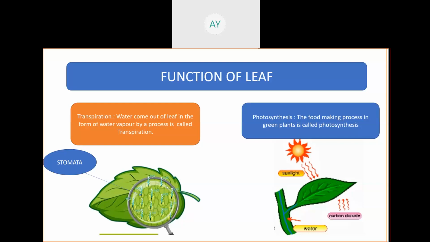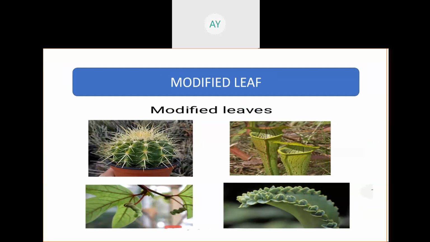You cannot observe the stomata with your naked eye, but you can make a slide and observe it. There are a lot of applications or functions of the plants. If there is no leaf, we cannot get food from the plant.